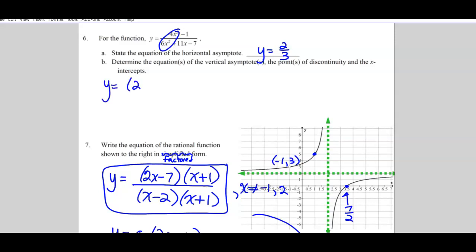So that's going to be 2x plus 1 times 2x minus 1. What's that? Negative 42 and 6. 42 and then that's 7, 14 and 3.